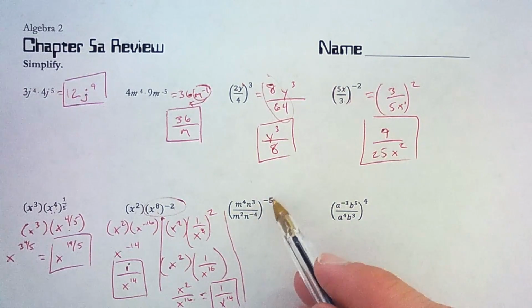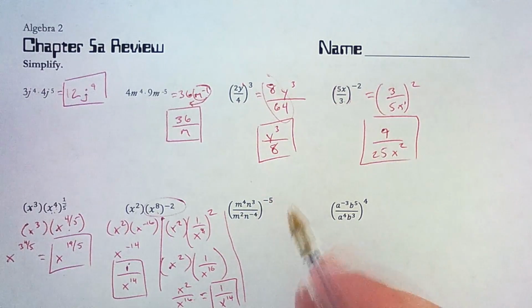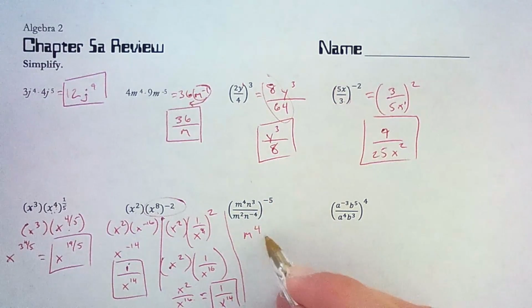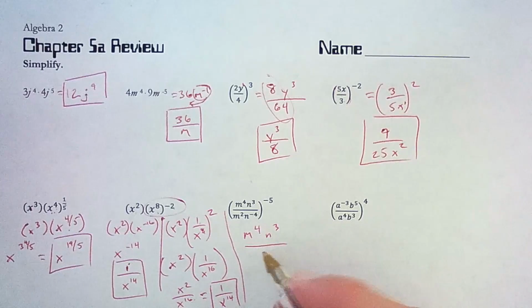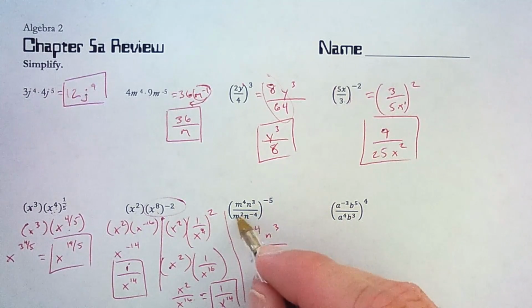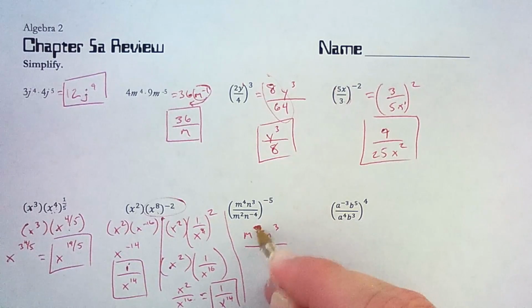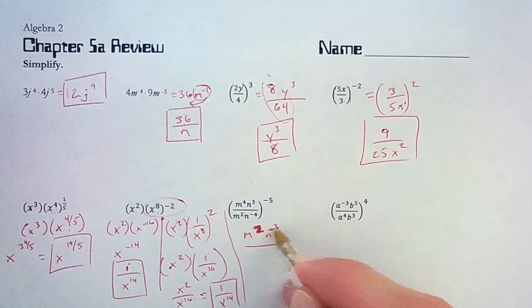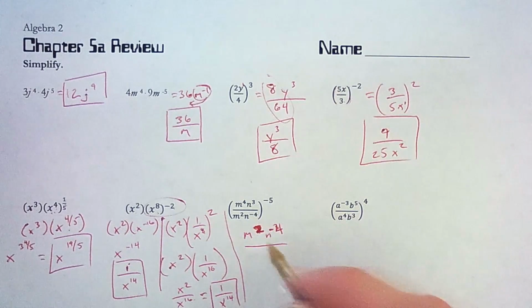Then here I am going to flip this fraction to get rid of that negative power. So that's m to the 4th n cubed over m squared, so that's m squared over n to the negative 4 over m to the 4th n cubed.